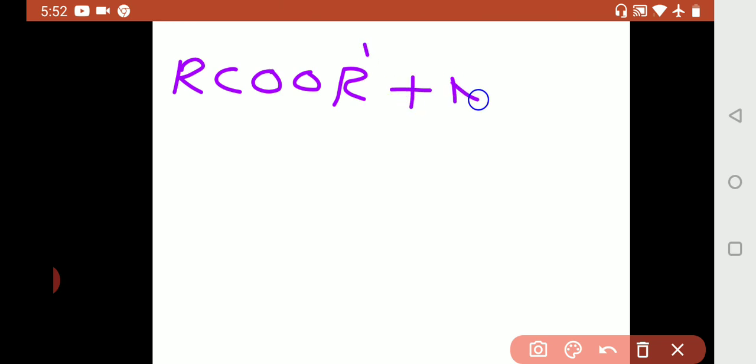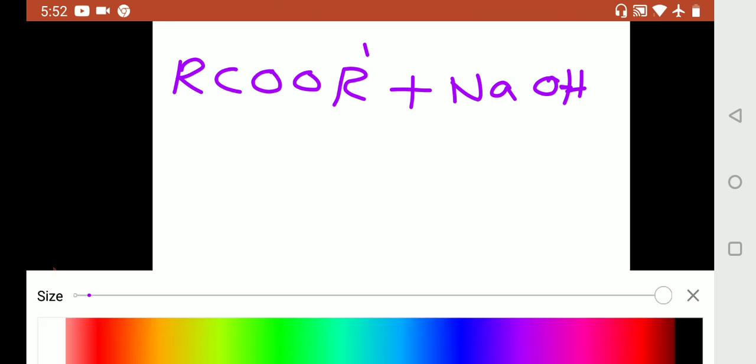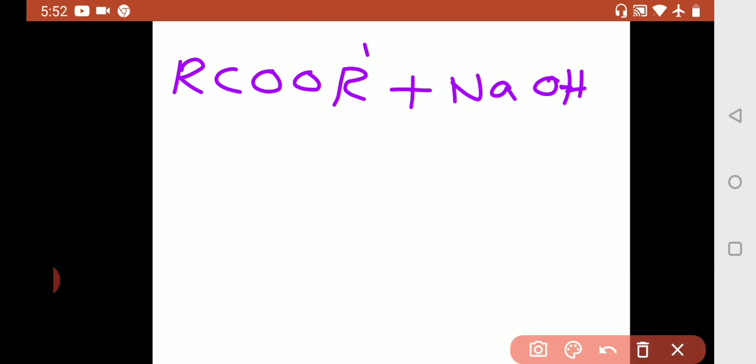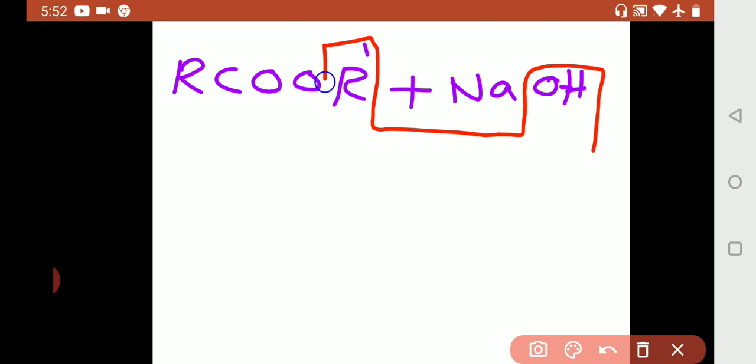So, shall we see this simply? RCOOR' plus NaOH. So, first cut this R'OH.